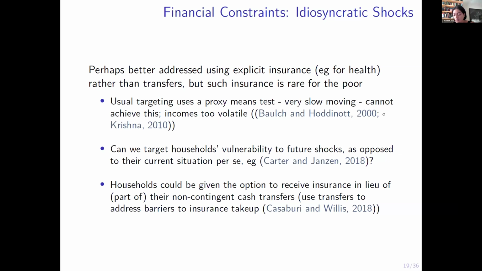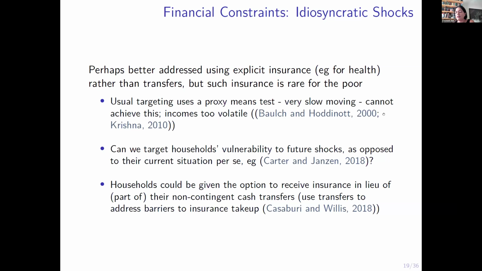The other alternative would be to provide households insurance in lieu of some of the transfer. So basically, I'm giving you a cash transfer, but could you use some of that to purchase some insurance? On the insurance literature, we have one example here, Cole and Xiong, but this is true even in a bunch of rainfall insurance literature.